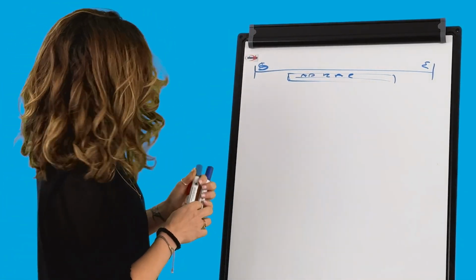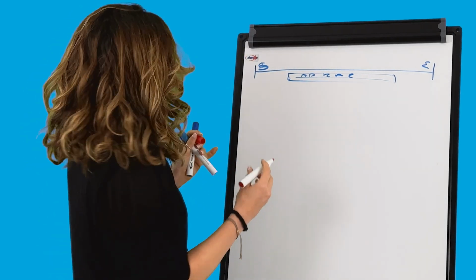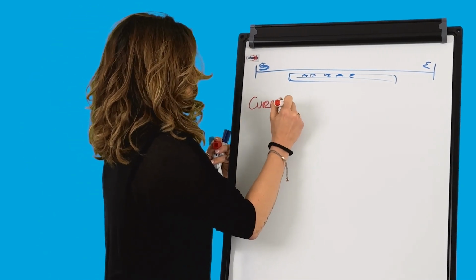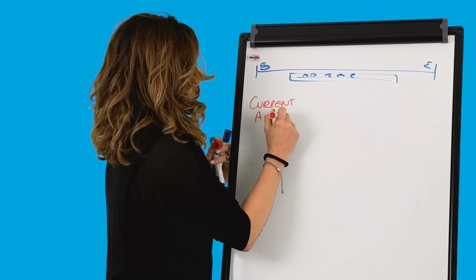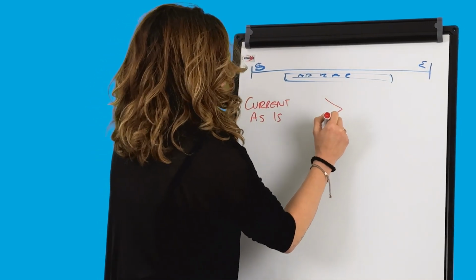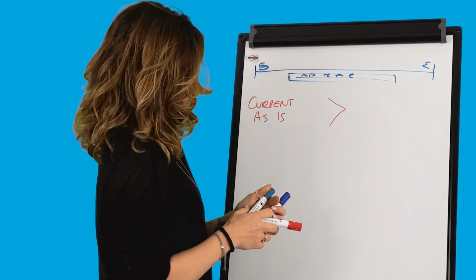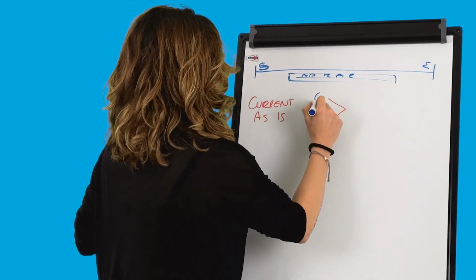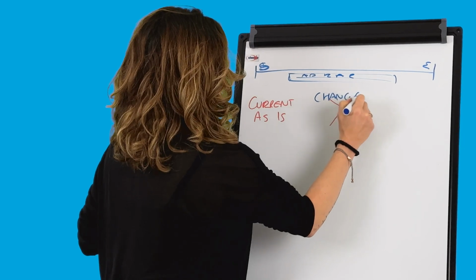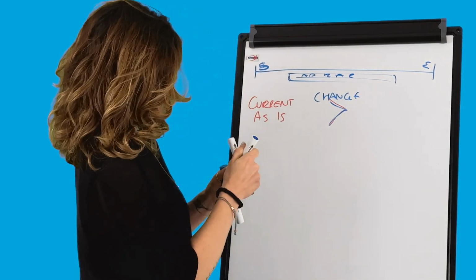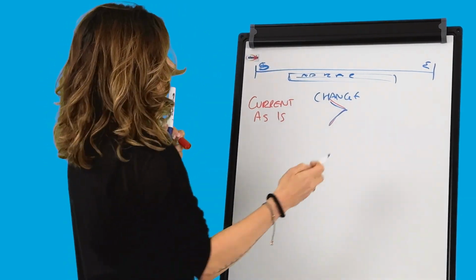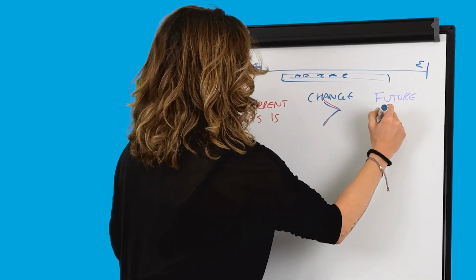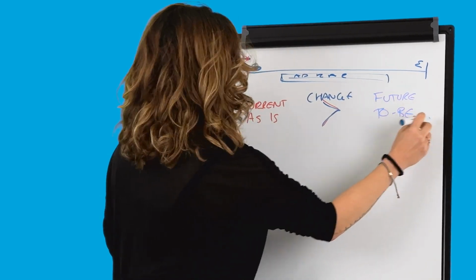However, we have a case here where the current, also referred to as the as-is, will go through a change and end up as a future state, a to-be.